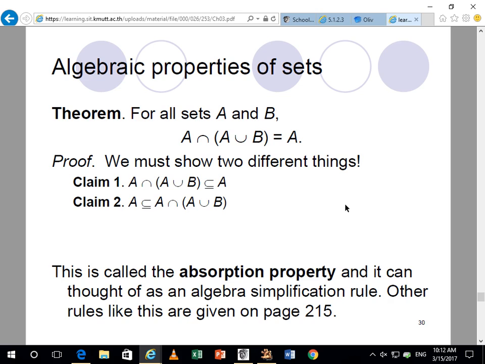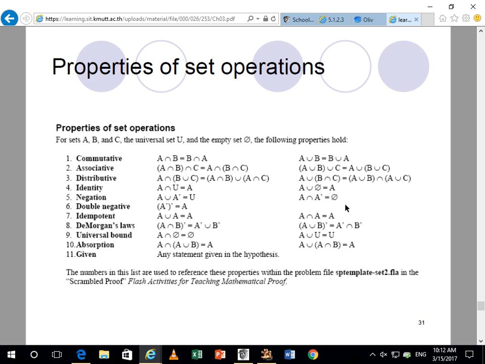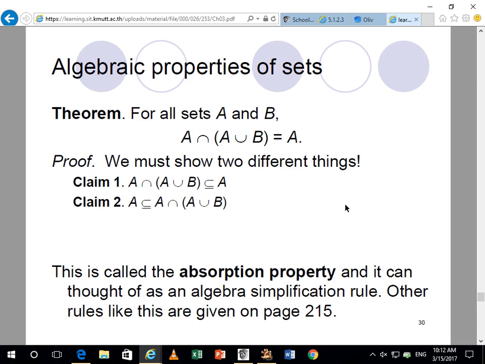So we have other properties given on your textbook, which is also shown in the next slide. So these are some other properties. So the first one I've shown you here is called the absorption property. So this is the first algebraic property I'm showing you.